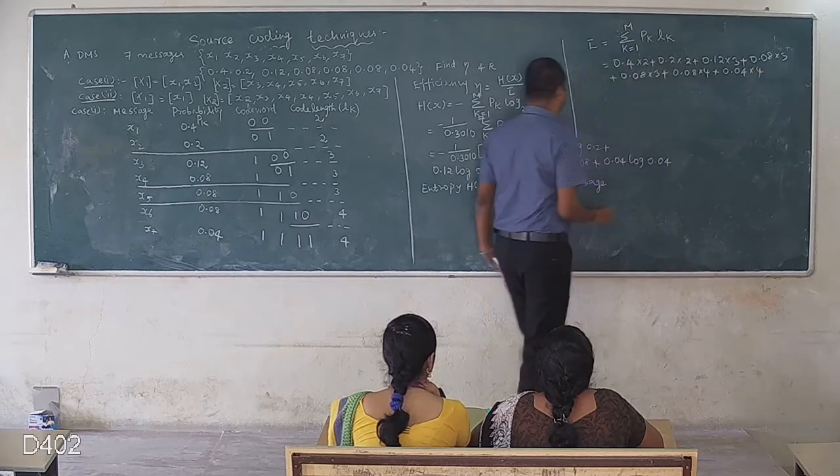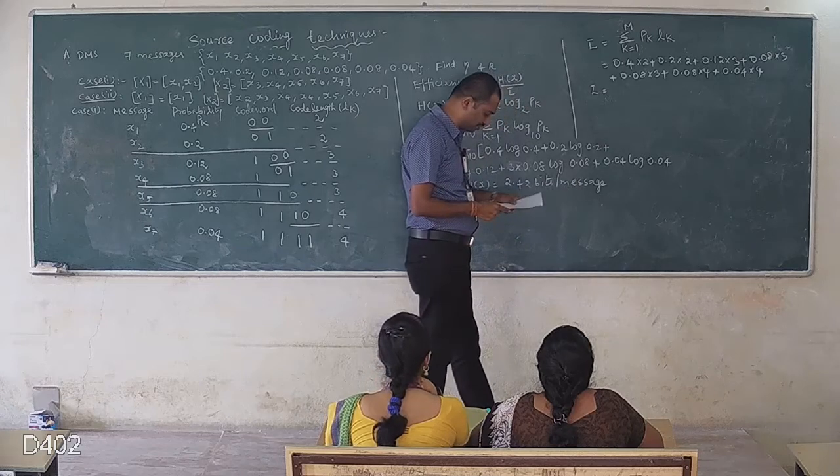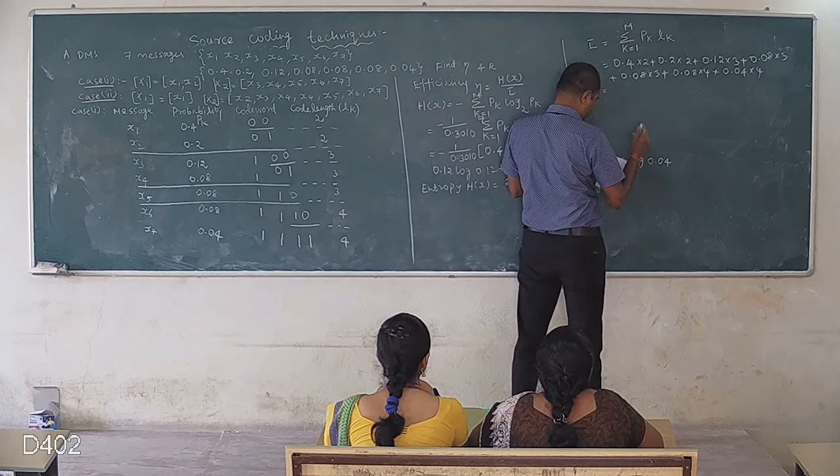If you compute the value for this, you will get the average code word length L bar is equal to 2.48 bits per message.